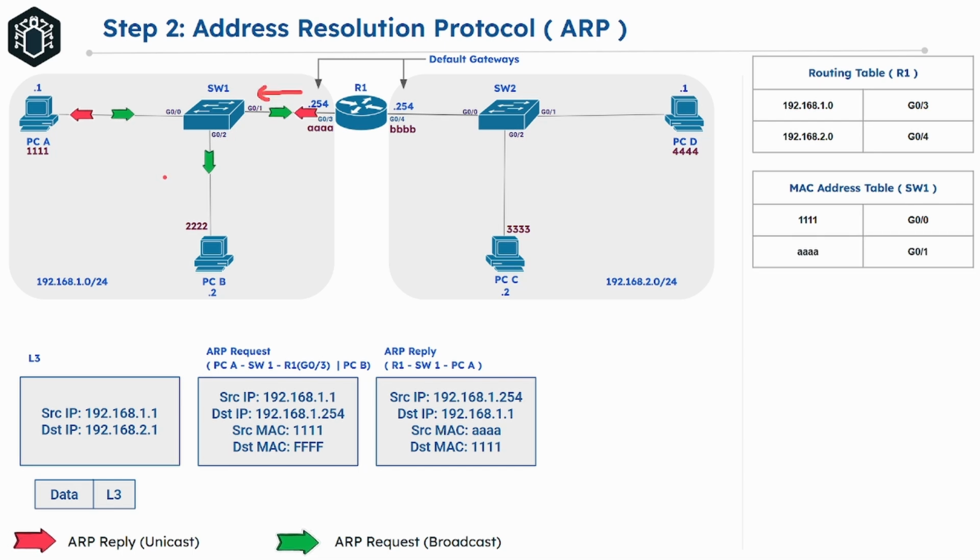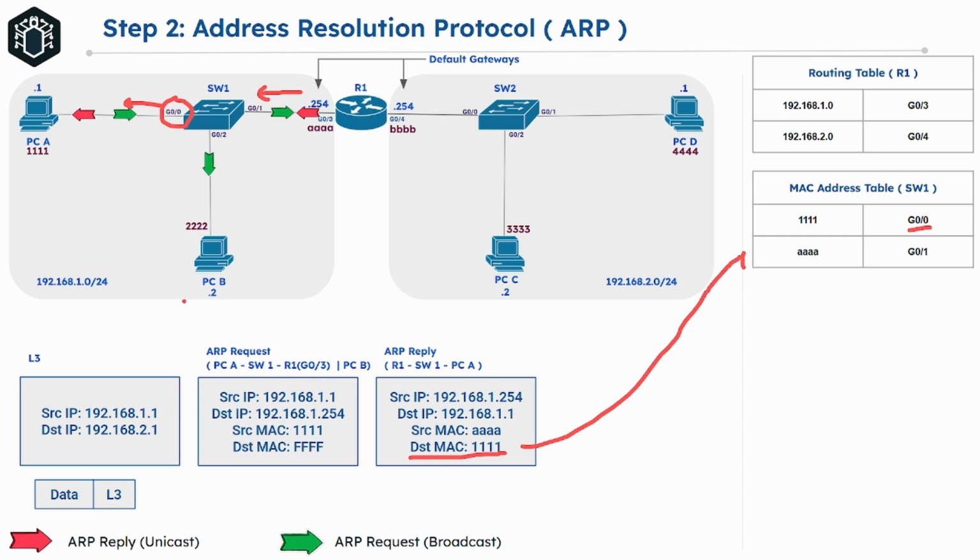Moving forward, switch 1 also checks the destination MAC address in the ARP reply, and then it looks up this address in its MAC address table and finds the correct port, which is G00. The switch then forwards the frame out of that port.